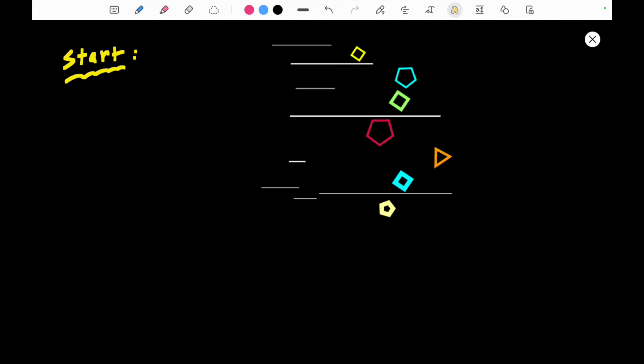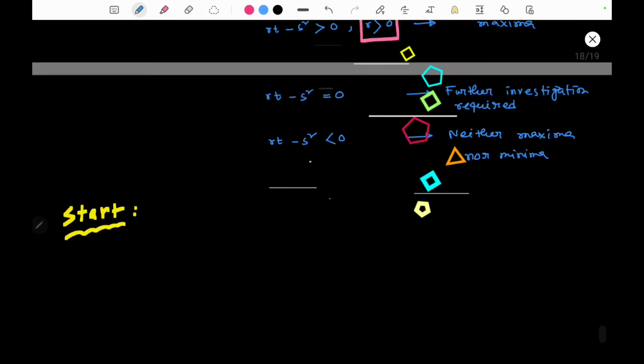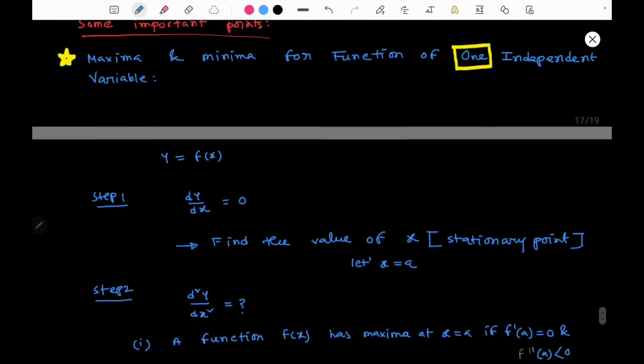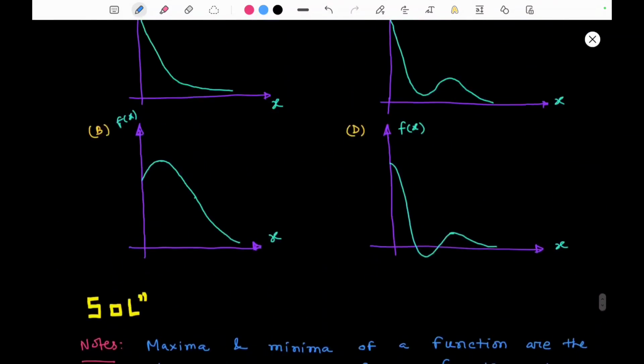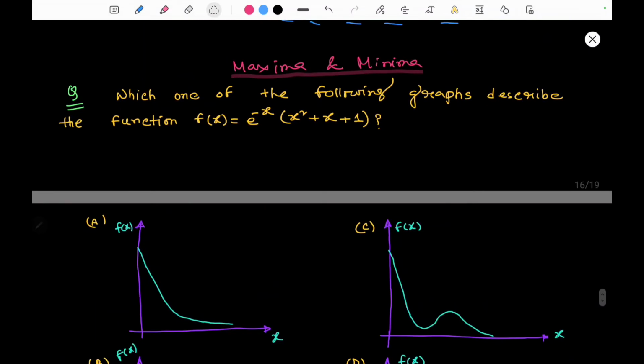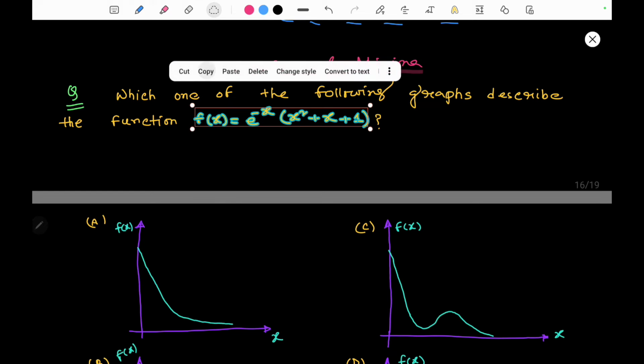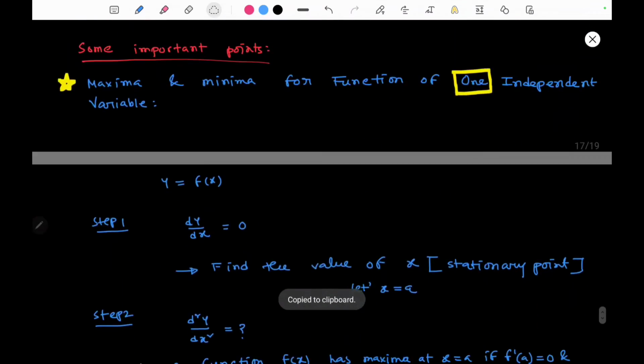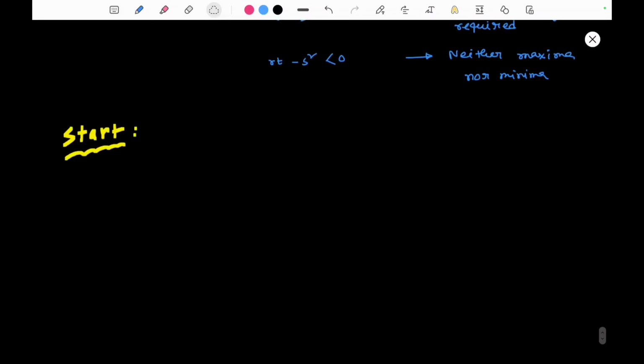Now let's try to solve the question. We will copy the function from the question. This is the function given in the question. We will copy this and paste here.